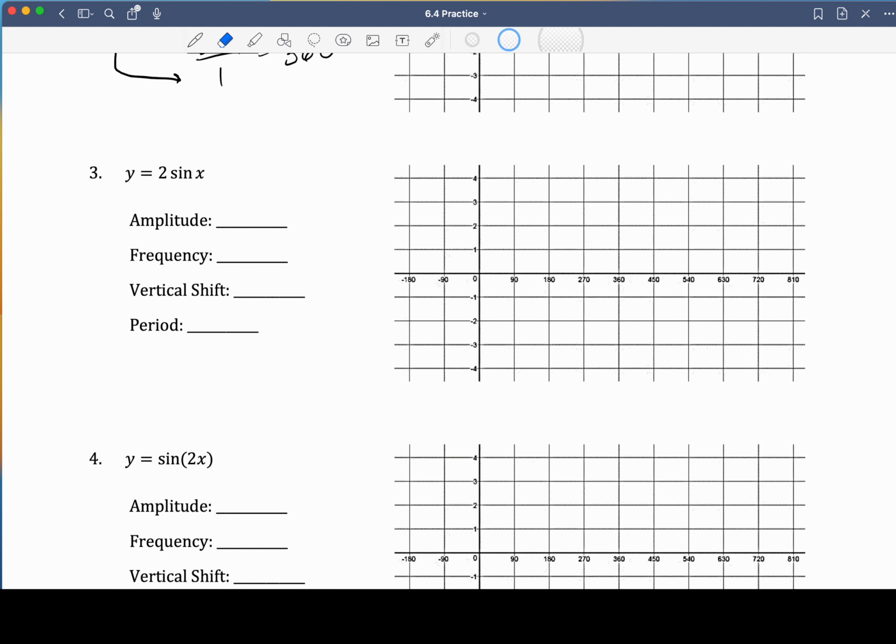Go back to my color coding system. And my vertical shift is 0. Our period is still 360 divided by 1, right? Which is 360. And so because our vertical shift is 0, our midline does not move. It just stays on the x-axis.